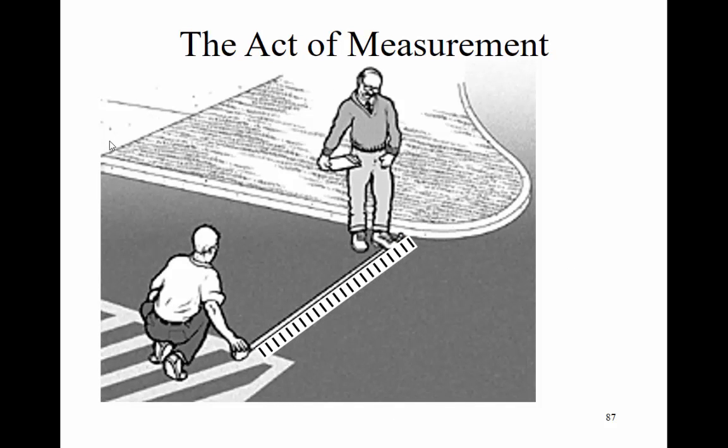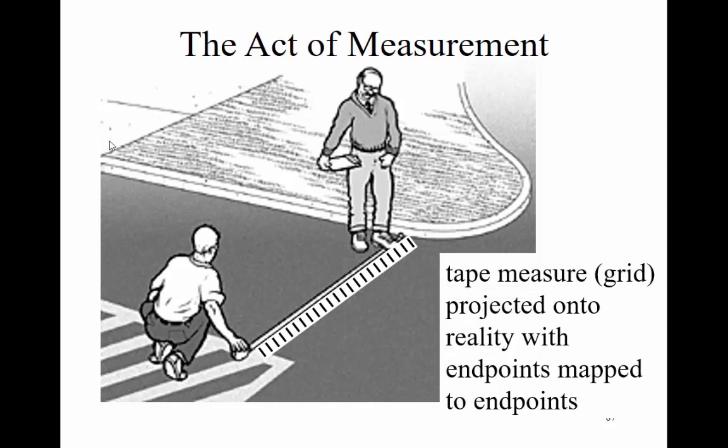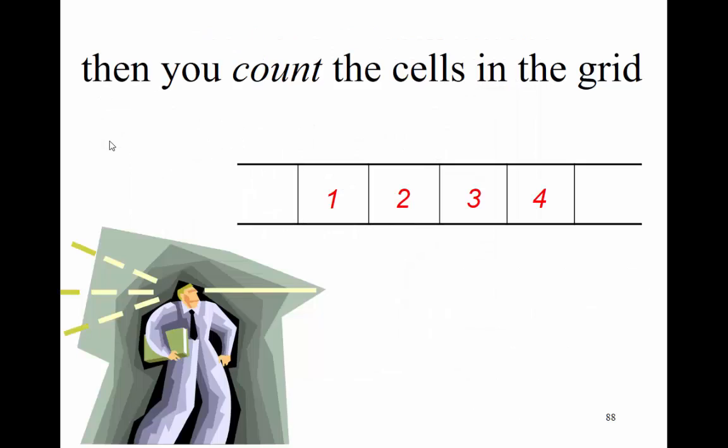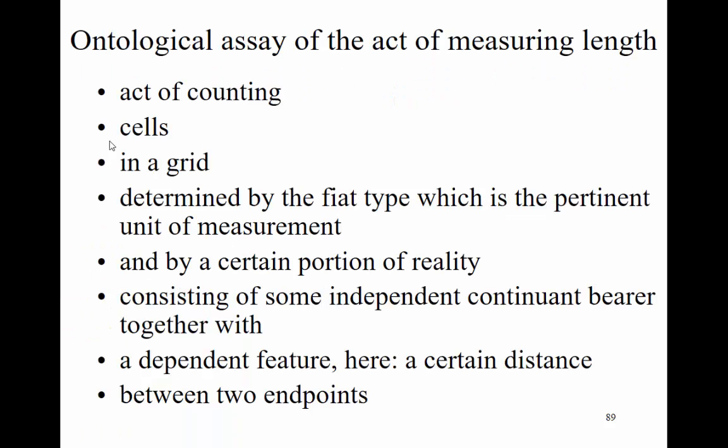We lay the measuring rod against the piece of road, and we count the cells in the partition created by the measuring rod, and we get the answer. So we project the partition onto the reality, which has endpoints, and we get the answer when we count the cells in the grid thereby created. And so these are all the things which are part of an act of measuring length.